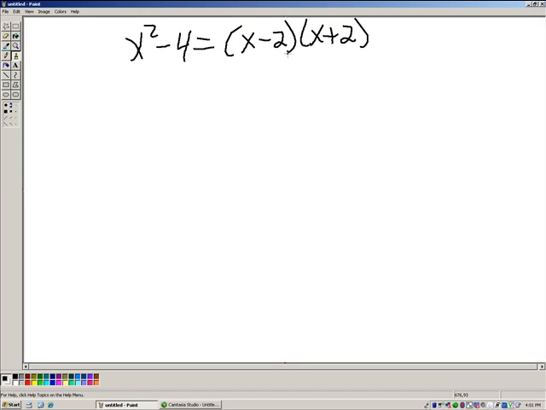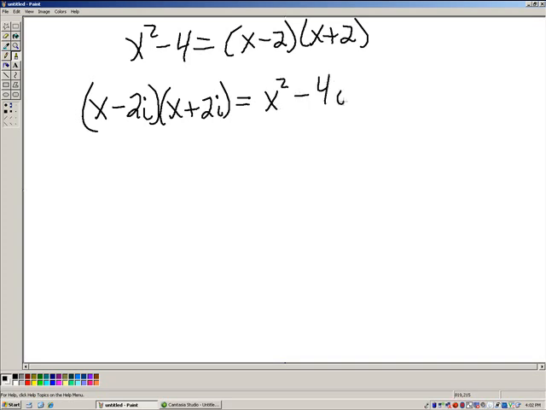And we've been talking about that so far, dealing with the i's. Let's look at one of those conjugates. Let's turn those into x minus 2i times x plus 2i. When we do this, we're going to get a difference of squares. We already know that, so that's going to be x squared minus 4i squared, because there's i's involved now.